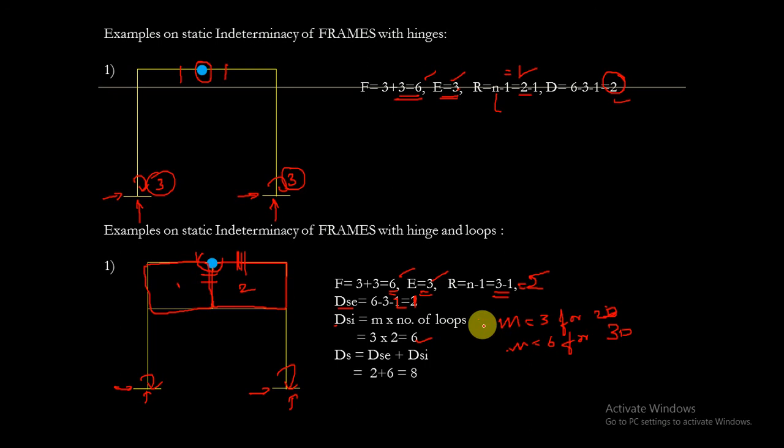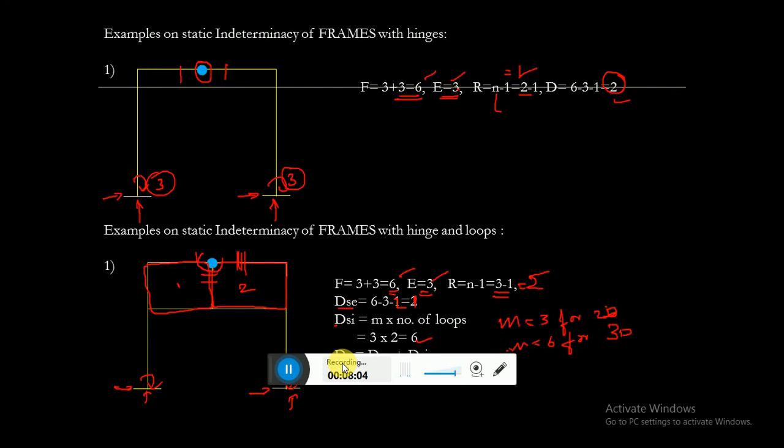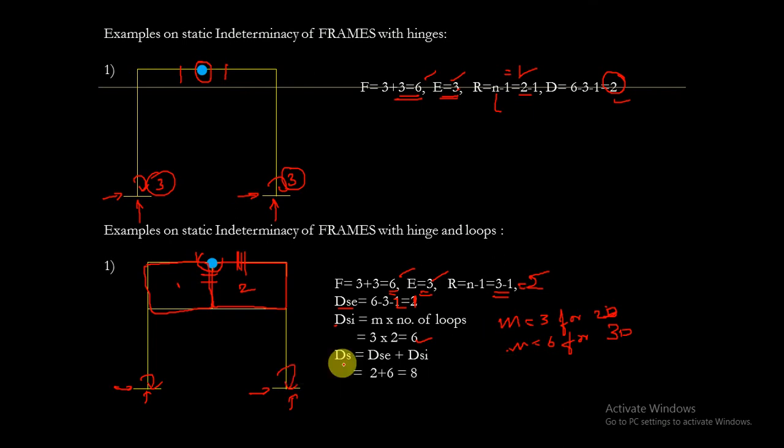Suppose I take this loop, the first loop. I will cut open this loop. At the cut, there develop again 3 unknown reactions.